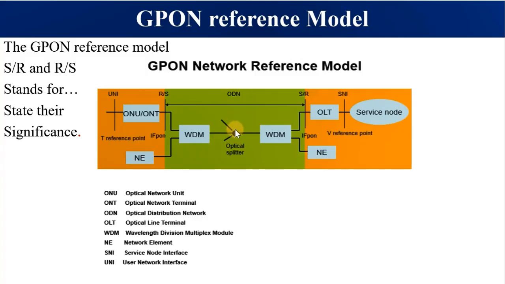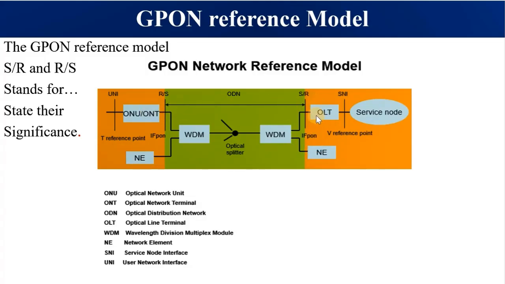This is our splitter, wavelength division multiplexing, and we are saying the reference point from the OLT to the ODN is called the S/R. From the ONT to the ODN is called the R/S. Please, I'm repeating it for emphasis, and we are saying the ODN does not include the ONT and the OLT.